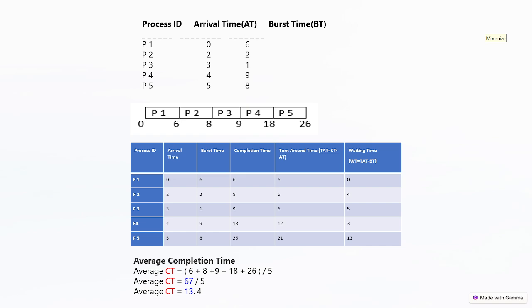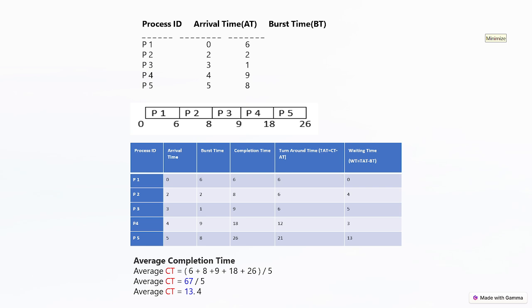So here in this table, we have already given the arrival time and burst time, and also we have calculated the completion time. With these 3 times, I have calculated the TAT and the WT, which mean turnaround time and waiting time. We already know the formula for calculating the turnaround time, which is TAT equal to CT minus AT.